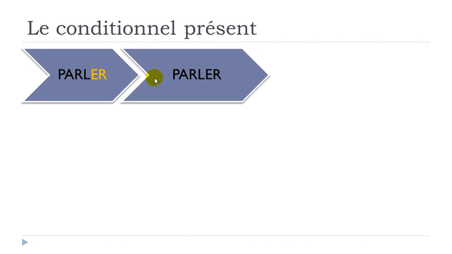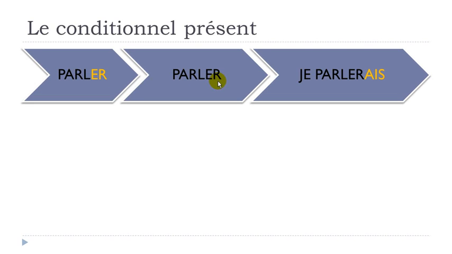You will keep it like that, and based on this form, after that you will add the endings, okay? And for je, the ending will be AIS, okay? So you don't need to modify your infinitive form. The basic form goes there, and right after you just add the ending AIS, and you get je parlerais. All right, so it's quite simple.